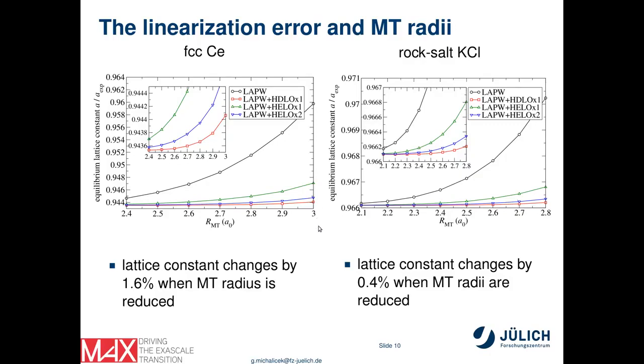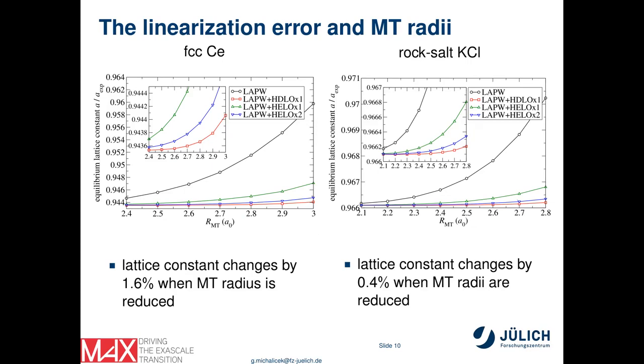Let me mention again, I show this linearization error with some very extreme examples. For most materials you will not see such a dependence on the muffin tin sphere radius, and the linearization error will be much smaller.